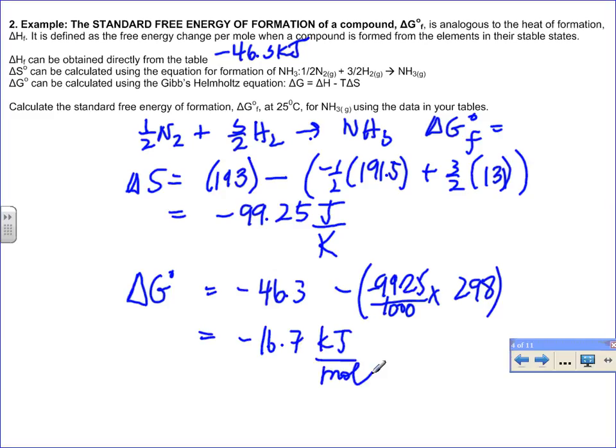And I get 16.7 kilojoules per mole. Now in the thermodynamic tables, we also have delta G naught F's listed. And when we look up the delta G naught F for ammonia, we find that it is negative 16.7, which is what we expect based on this calculation.